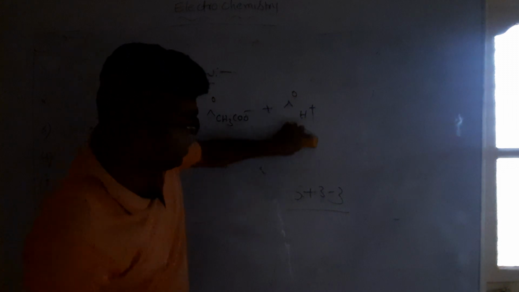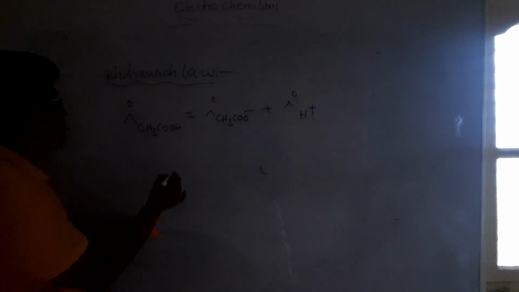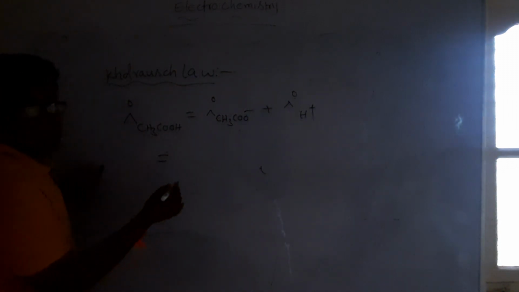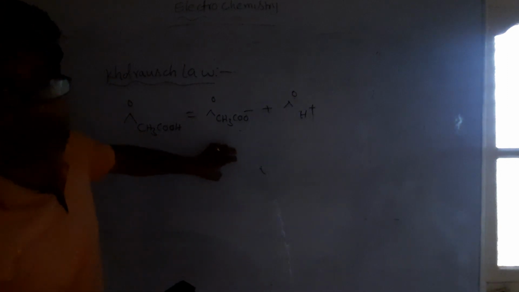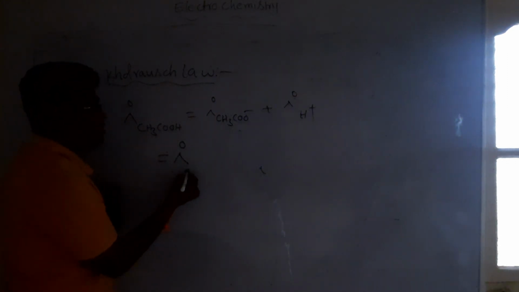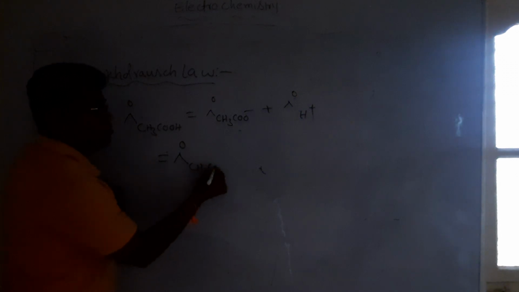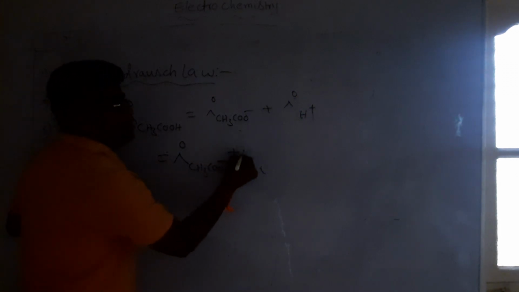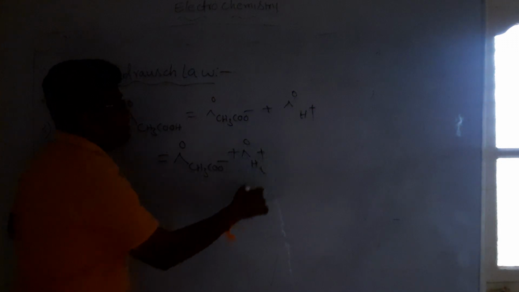Now you observe here, suppose I am going to write it like this. This is the statement given by the scientist Kohlrausch: lambda naught CH3COO minus plus lambda naught H plus.